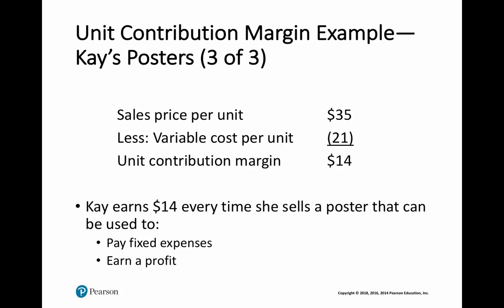So she's going to keep selling. First, she pays off all of her fixed expenses. Once she gets past that $7,000 fixed expense per month, that's her threshold. That would be her break-even point, and we're going to calculate how to come up with that break-even point in a minute. So she first pays her fixed expenses. After she covers her fixed expenses, every $14 of contribution margin is going to go to her bottom line, be her profit.